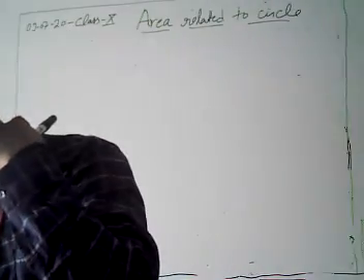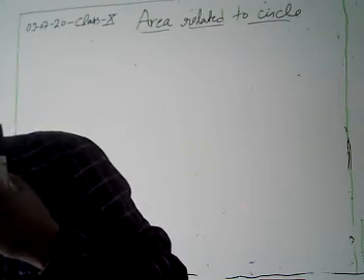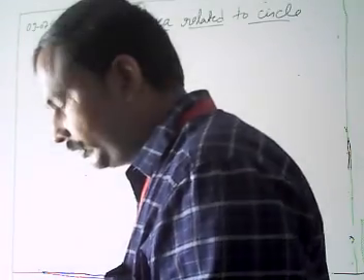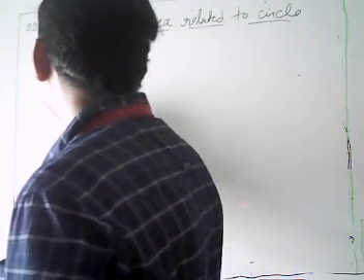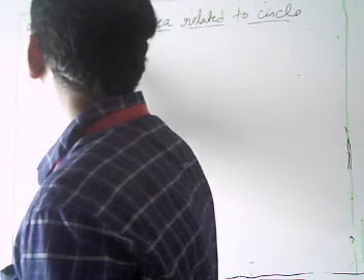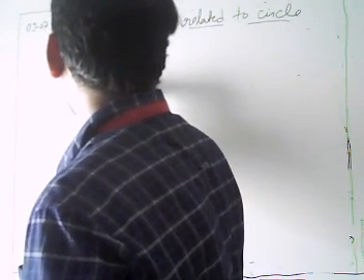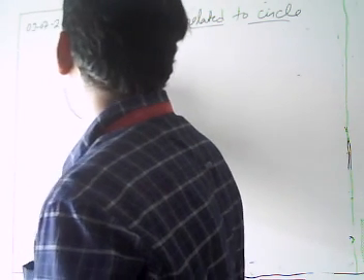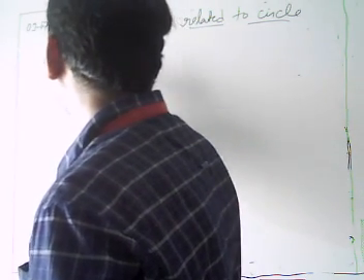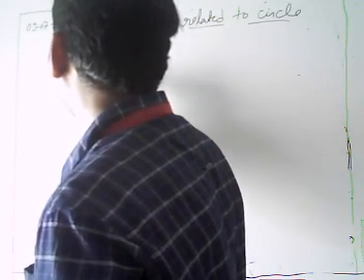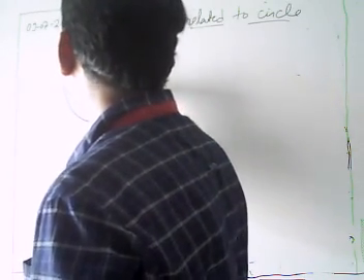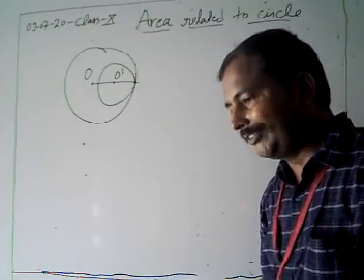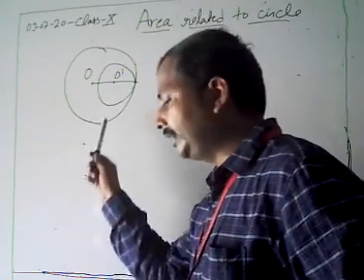Now our next problem is given. Two circles touch internally. Draw a figure first of all. We have two circles which touch each other internally. Suppose one of the centers is O and another center is O prime. Now I am going to read the question again. First of all, see the figure. Two circles touch internally.